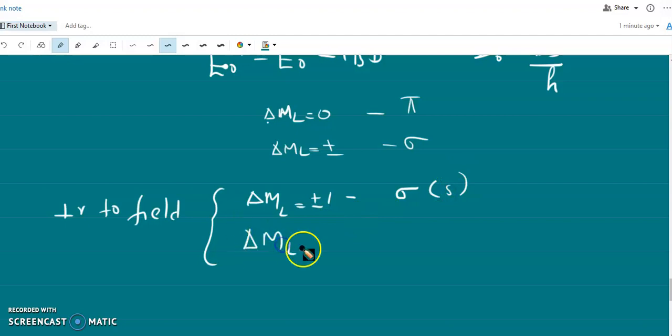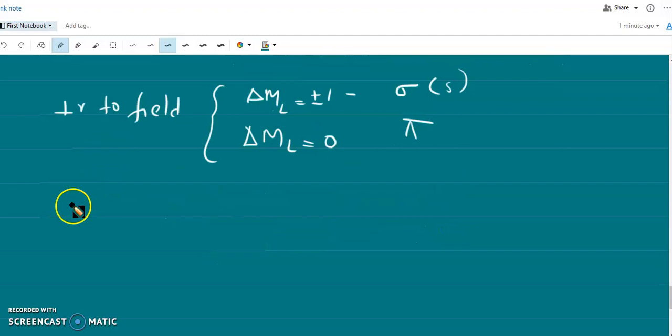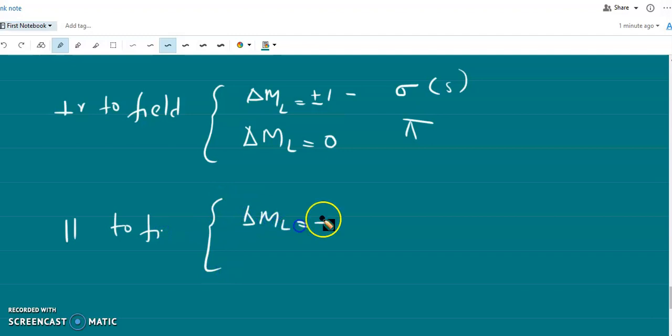Delta ml equal to 0 means plane polarized parallel to the field, which is called the pi component. So when viewed parallel to the field, delta ml equal to plus or minus 1 is circularly polarized.